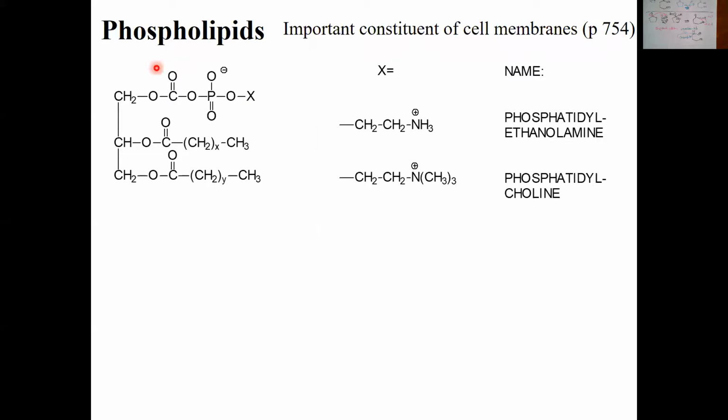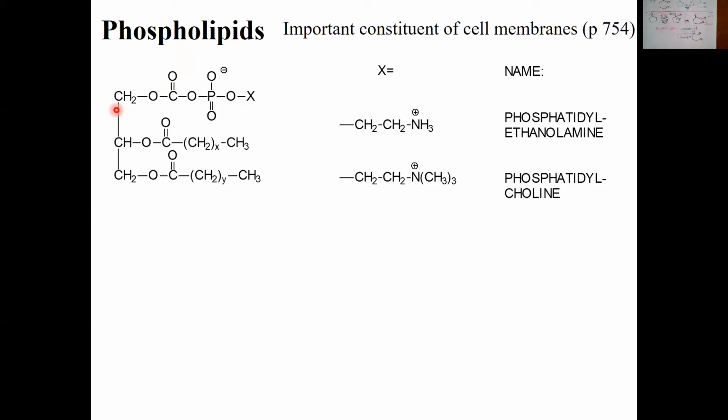All right, we're going to spend a quick last minute talking about where esters are found in other systems. For one, esters are found in phospholipids. There's an ester, phosphatidylcholine, phosphatidylethanolamine. These are important constituents of cell membranes.